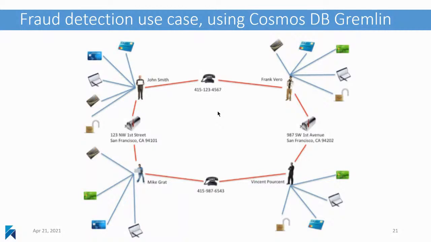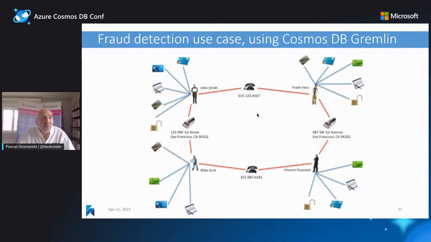So now let's switch to a property graph example, which was not covered in yesterday's session. So here's an example of a property graph that would be leveraged using the Gremlin API. For the theoretical example, we have a ring of fraudsters that share a subset of legitimate contact information that's been verified by financial institutions, for example, phone numbers and addresses.